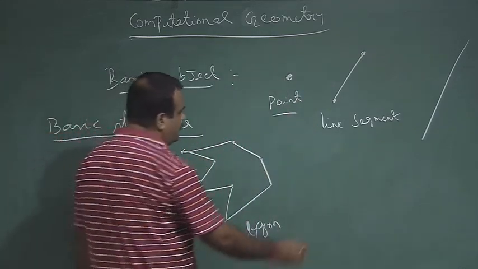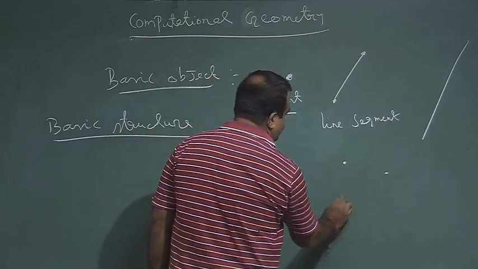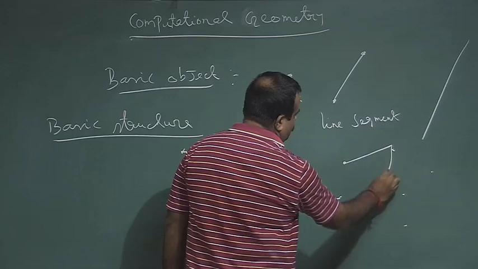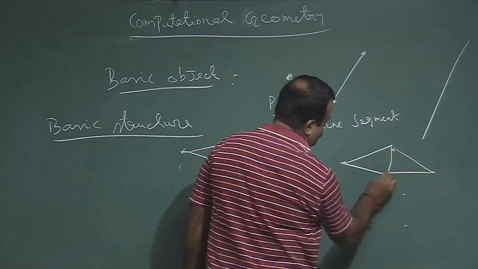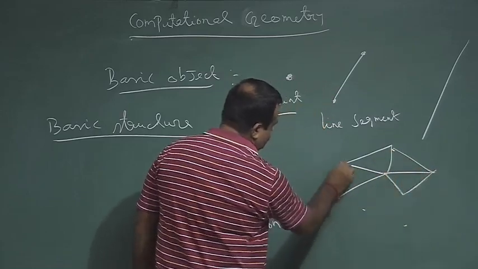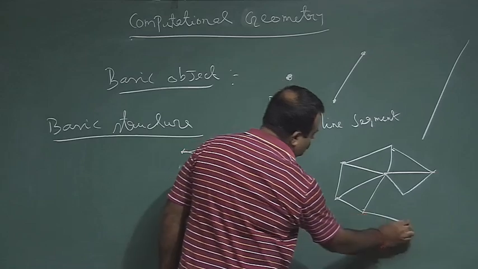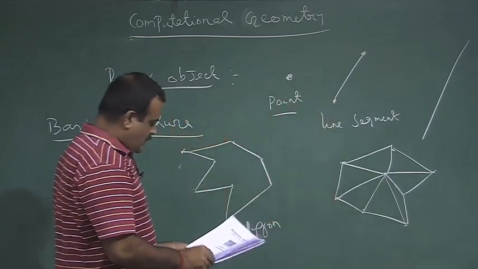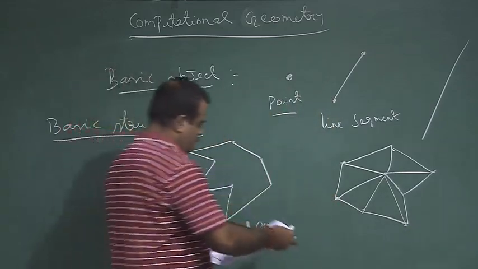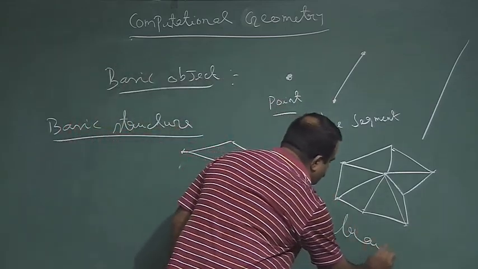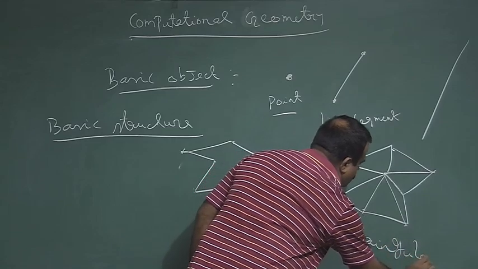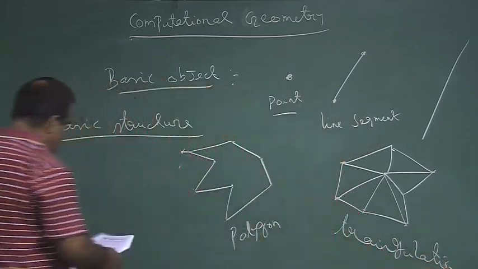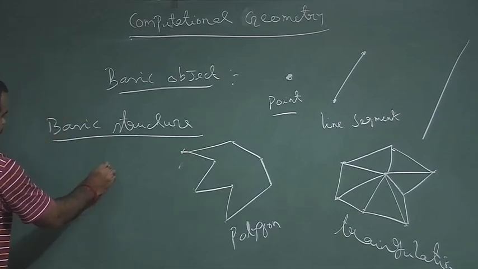Then the next problem could be triangulation. We have some points and we have to find the triangles. So, this is called triangulation. And the second problem could be convex hull.